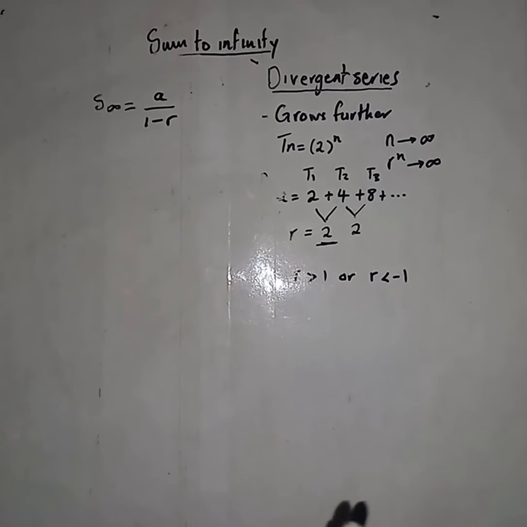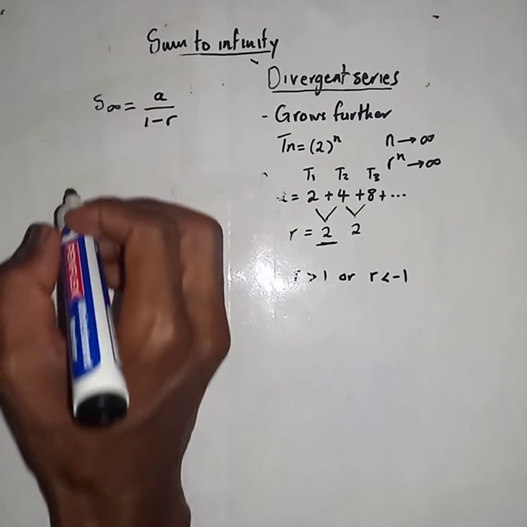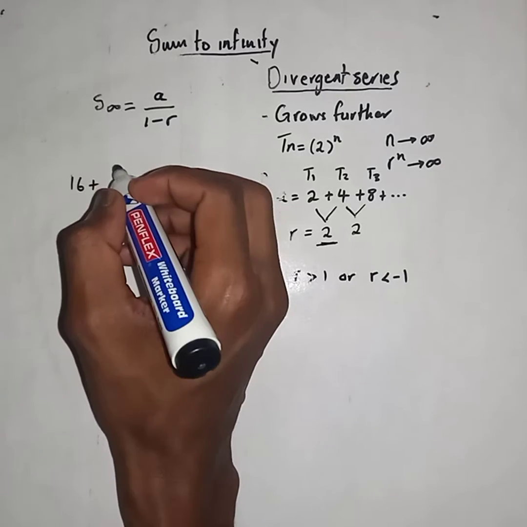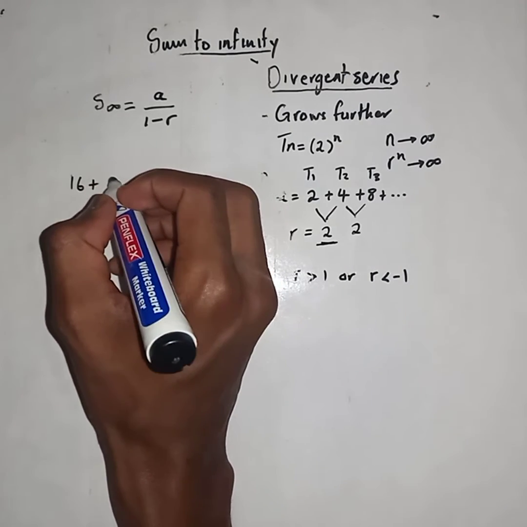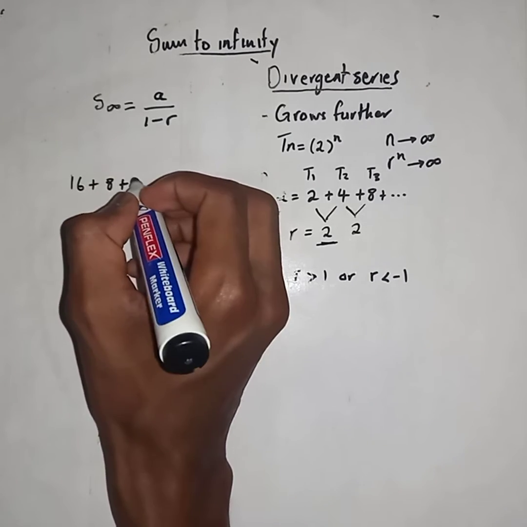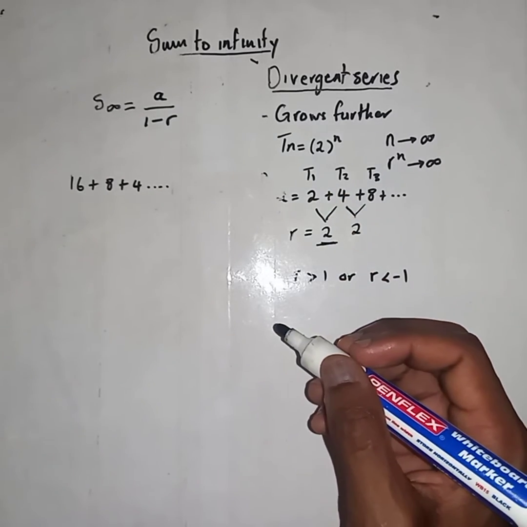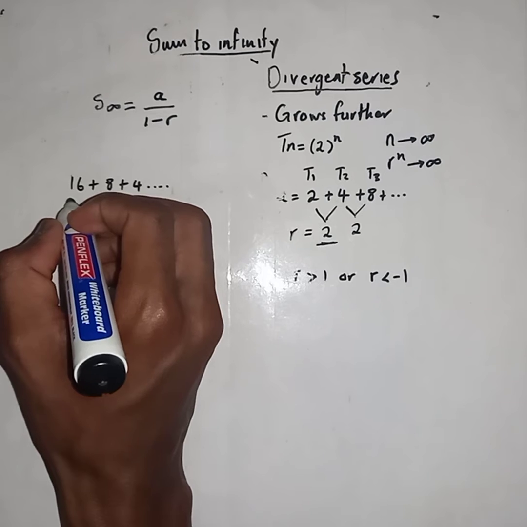Suppose, let's say, they give us the following series: 16, 8, 4, then it continues like that for infinity terms.